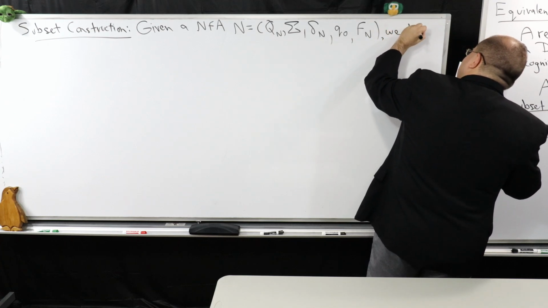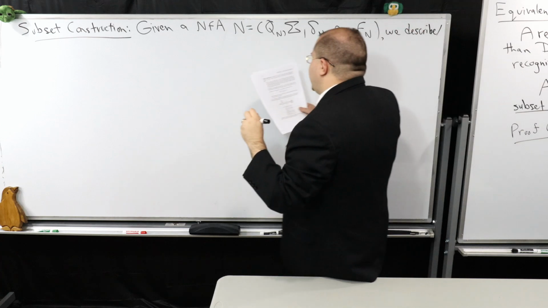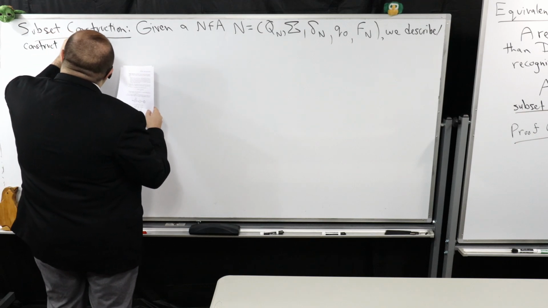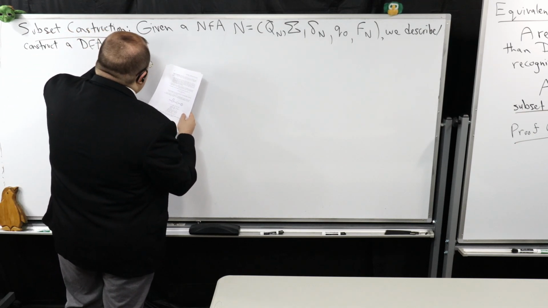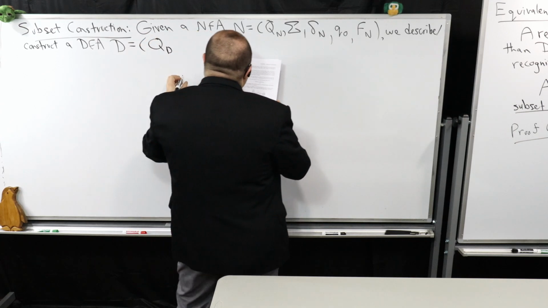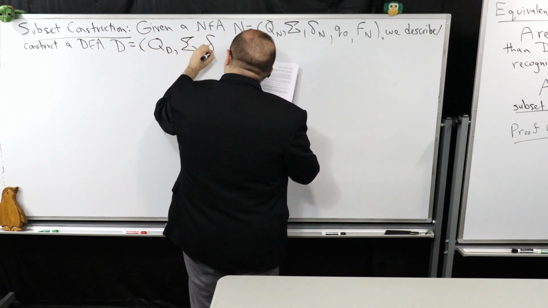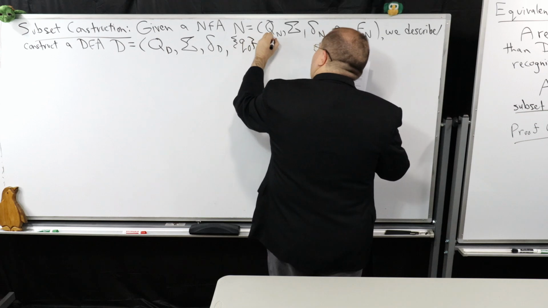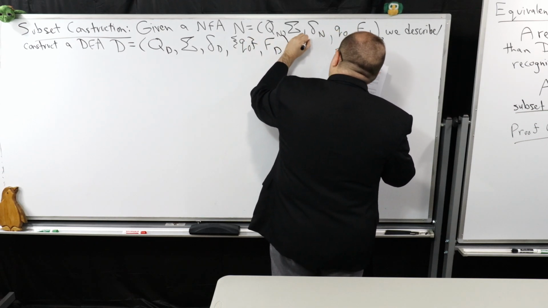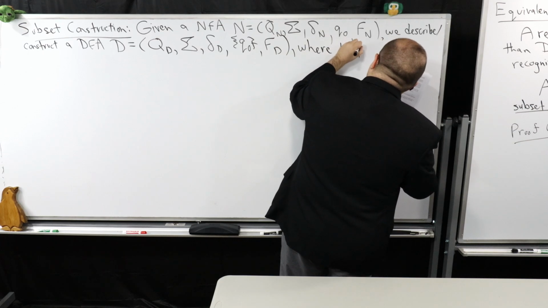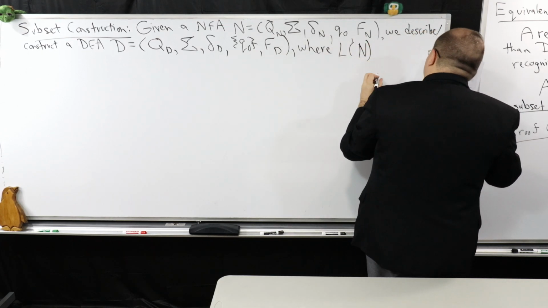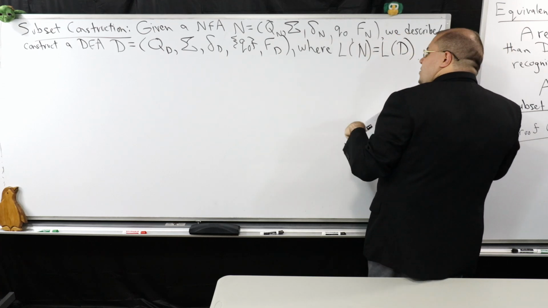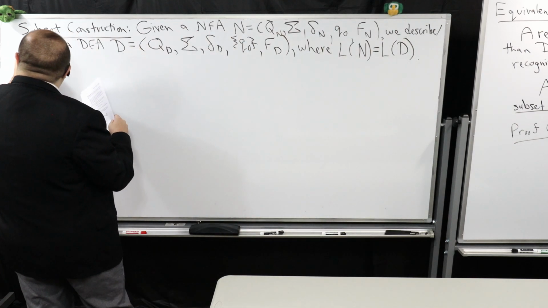We describe, or construct, a DFA D, which is going to be equal to (Q_D, sigma, delta_D, q0, F_D), where L(N), the language that is recognized by N, is equal to the language recognized by D. So construct D as follows.